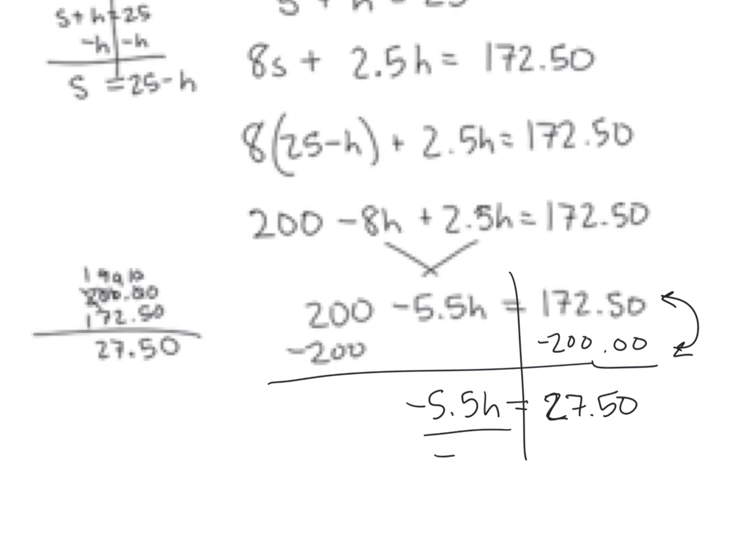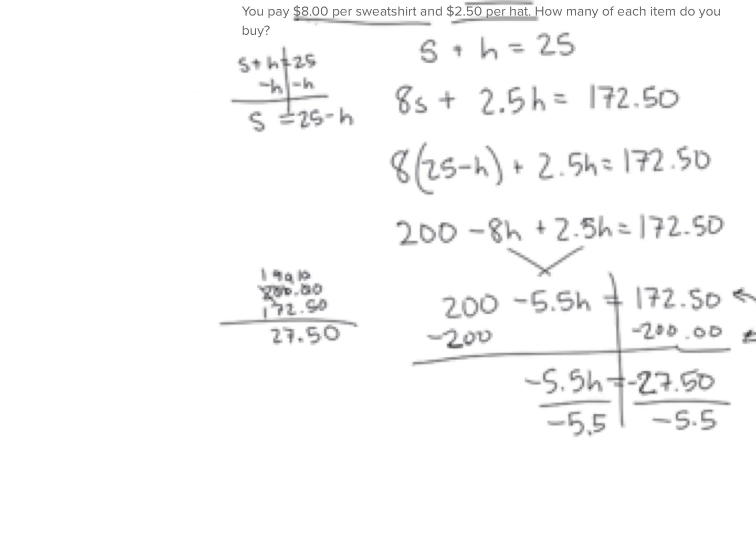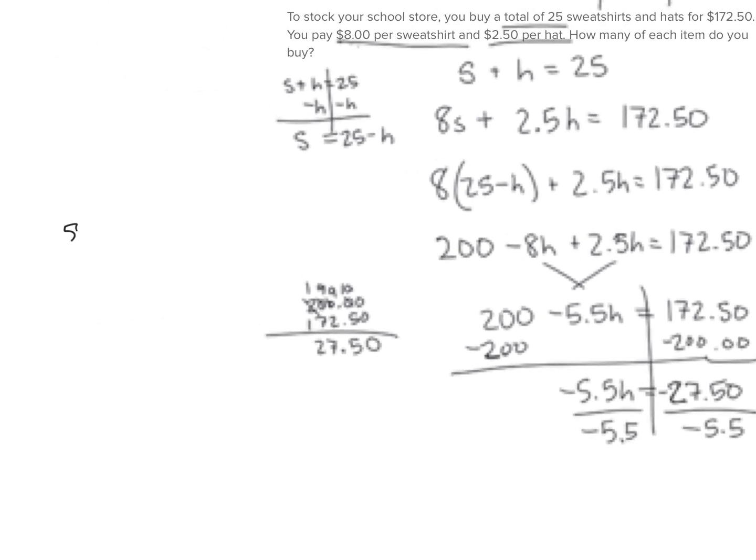If I divide by negative, and this is going to be negative 5.5. Divided by negative 5.5. Then we're going to have to do a little bit of division here. 5.5 going into 27.5. I'm going to move each of those decimals once, and I've got to think, all right, how many 55s can go into 275?